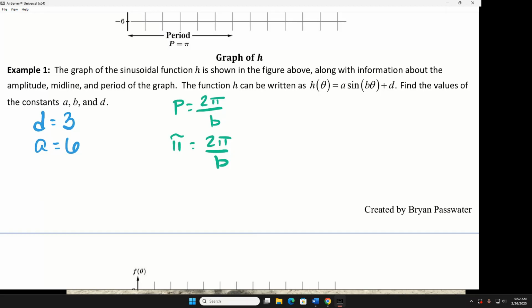What would you guys do to solve it for B? Multiply by B. I don't know why I wrote it that way. It should probably be pi B. And then divide by pi.